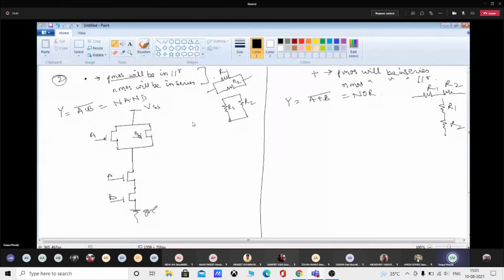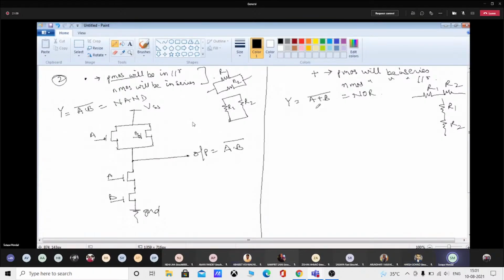And from where will we take the output? Between the P and N. So where is the output? Here. So we will take the output as Y equals A dot B bar. Okay, and this is the diagram for the NAND gate in CMOS. Is it clear, everybody?